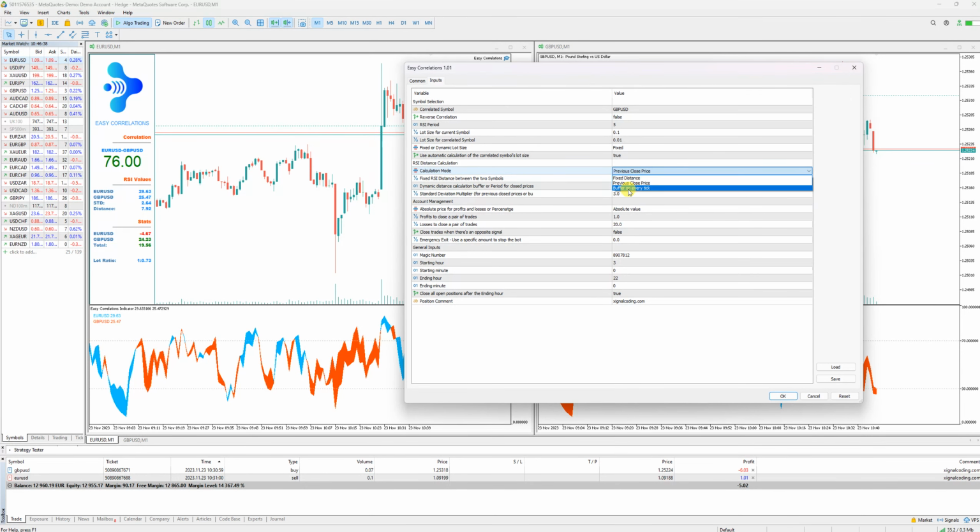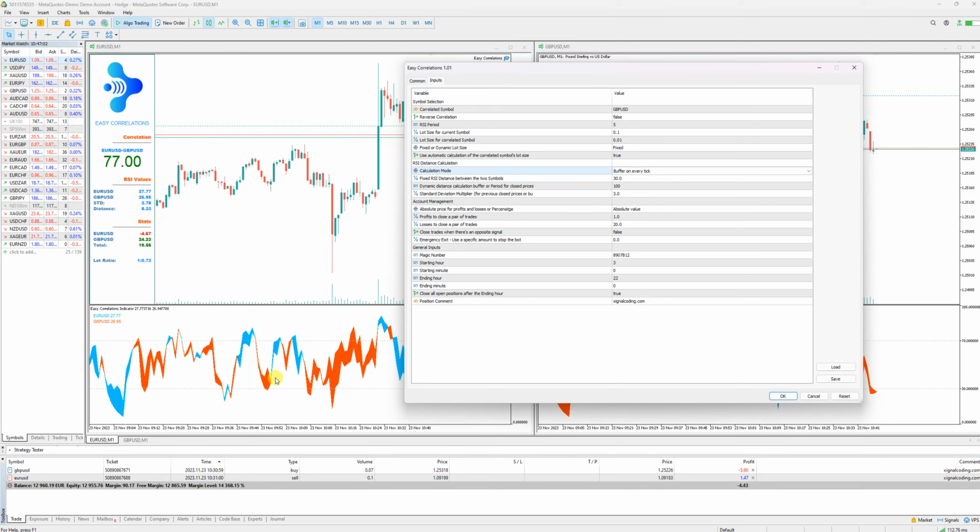Also, we have the buffer on every tick. And this is actually what I'm using in this testing example. The buffer on every tick actually updates an array with the differences of the two RSIs on every tick. So it doesn't have to do with the past bars, the past closing RSI values, but it updates on every tick.